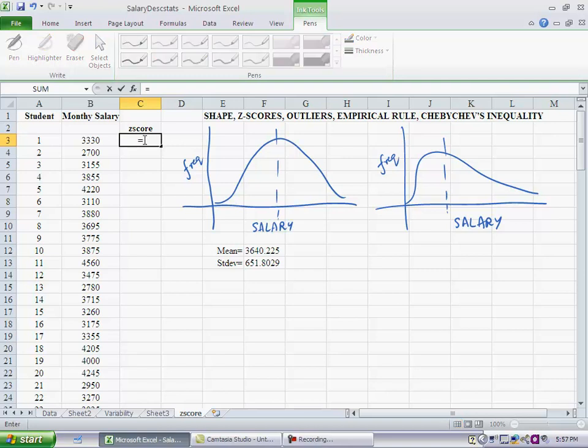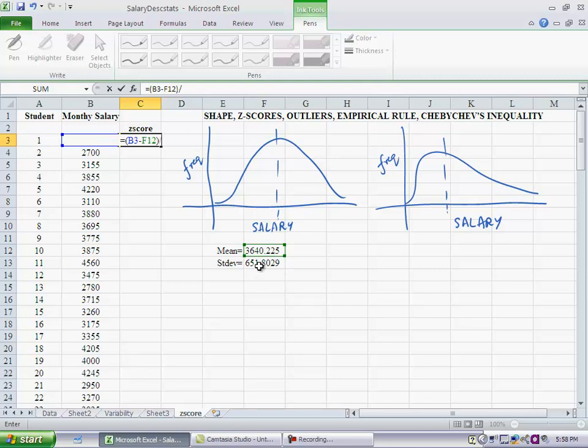So the z-score for the first student, whose salary is $3,330, is simply 3,330 minus the mean. This is how far the student is away from the middle, but we want to standardize it. We don't want to measure it in dollars. We want to measure it in standard deviations.